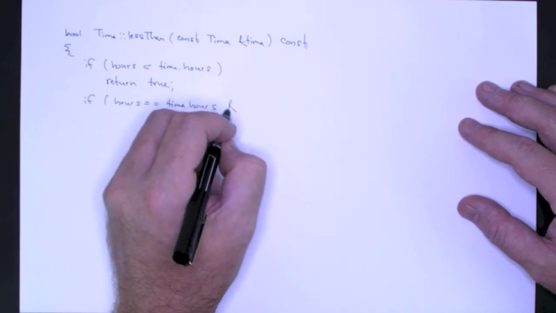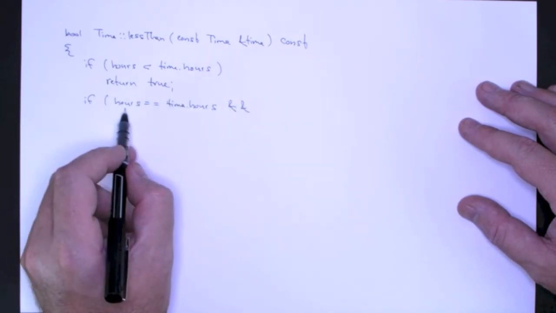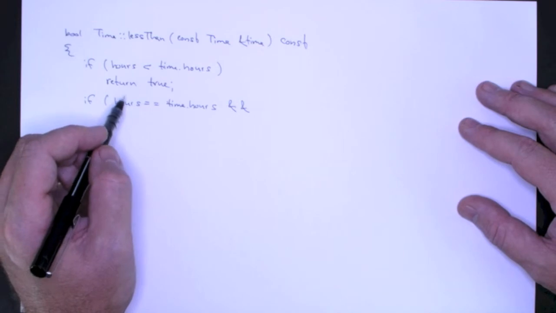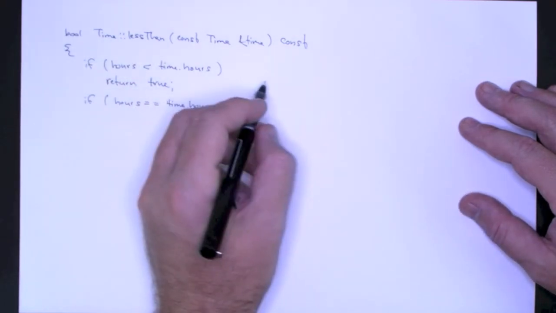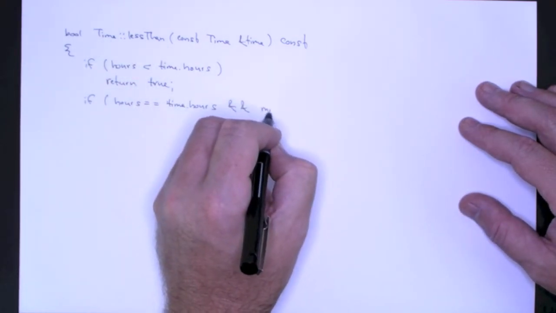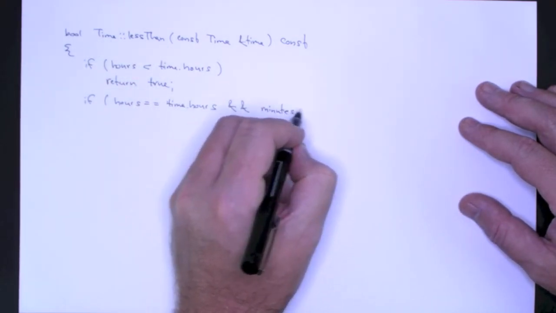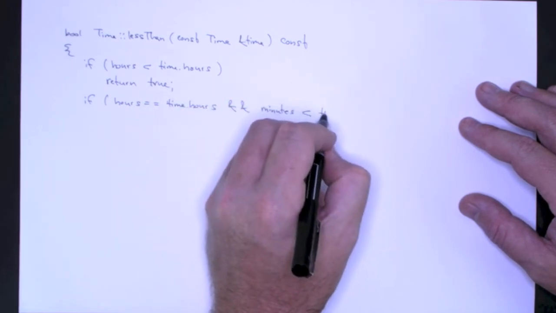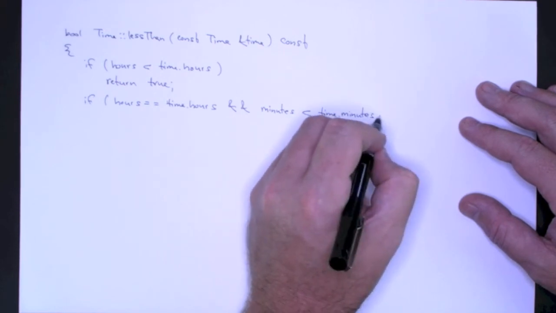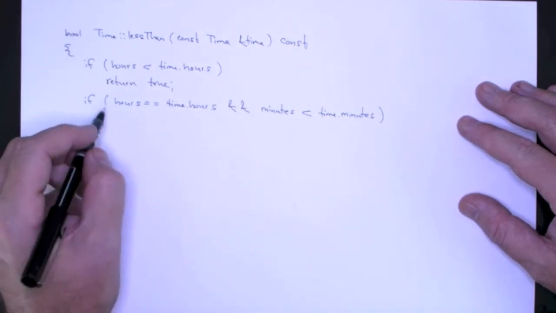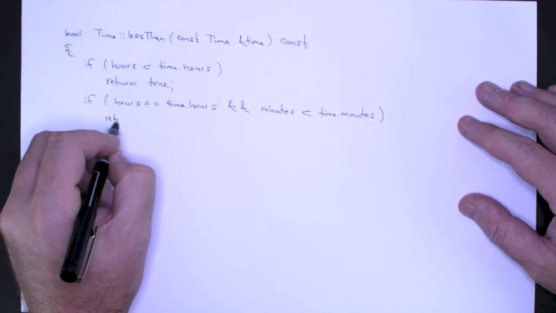Now if I know that they're equal, then this object's minutes must be less than the parameter's minutes. So I can say, if this statement is true, then I can return true.